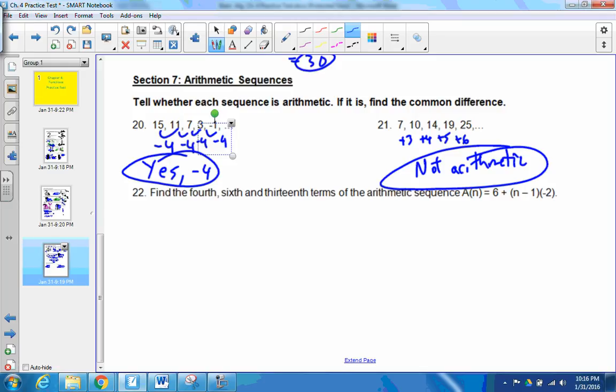All right, find the 4th, 6th, and 13th terms of the arithmetic sequence. Really we're given the formula already, and we're just going to plug in for it.